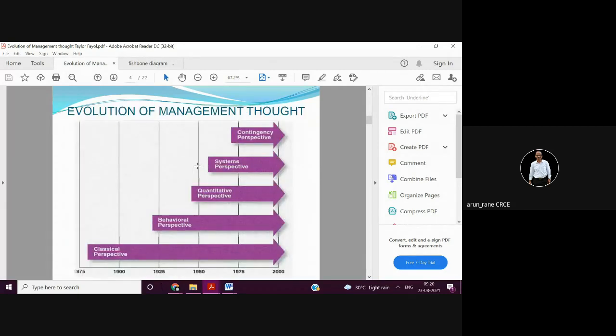You have to consider the environmental factors. This is how management thought has evolved. Earlier, we are talking about 2000, and when you talk about 1900, how it slowly evolved, from the classical perspective to behavioral, to quantitative, to systems, and to contingency perspective.